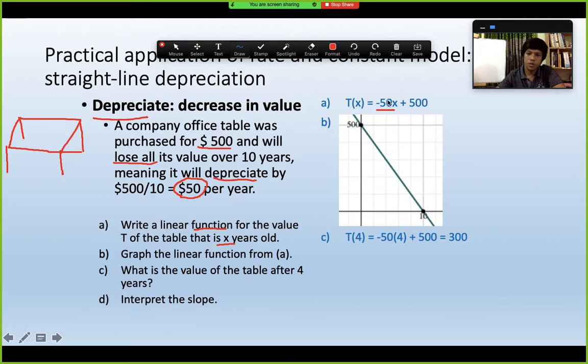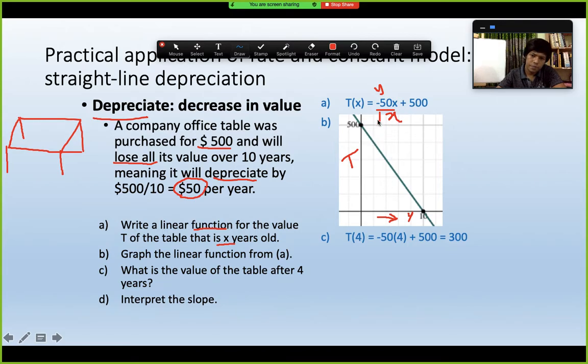And you can think about it from our regular slope point of view also. Our slope was what? Slope was change in y divided by change in x, right? So in our x-axis, what is this? X-axis is years. So this x means years, and in minus 50x there is nothing in the denominator, that means the denominator is 1 and the numerator is minus 50, and t of x is the y side.